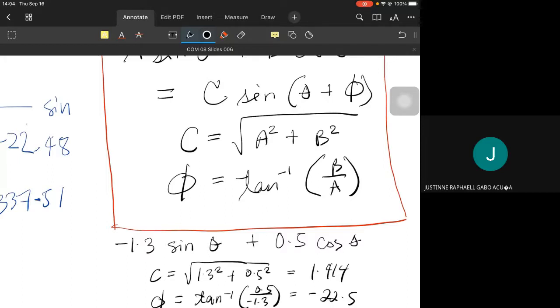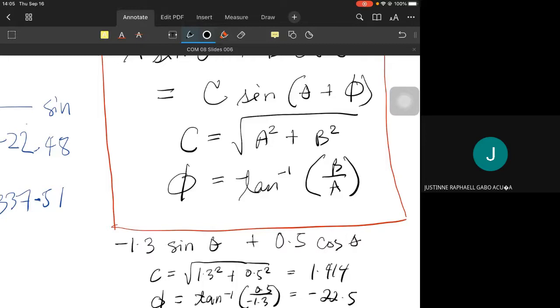If any of these comes out negative, just review it in math. There's a possibility that we might be misled.